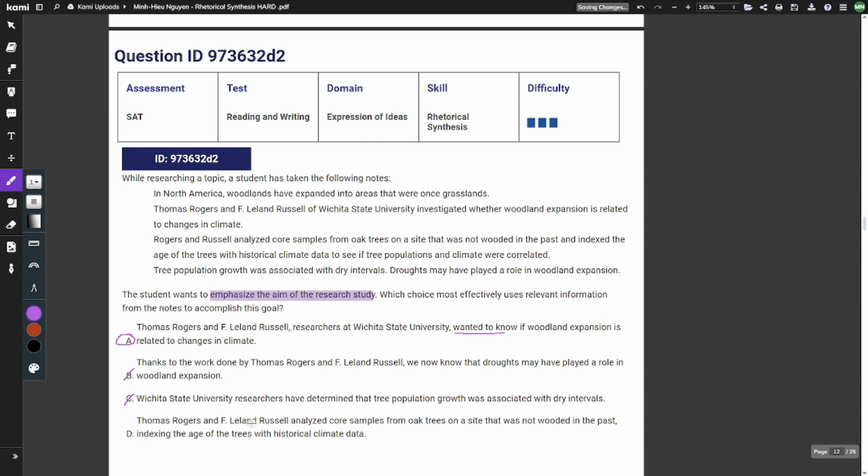D. Thomas and Leland analyzed core samples from oak trees on a site that was not wooded in the past, indexing the age of the trees with historical climate data. Alright, this talks about what they found and how they did their research, but not why they did their research. So A is our answer. The aim of the research study was to find something because they wanted to know something.